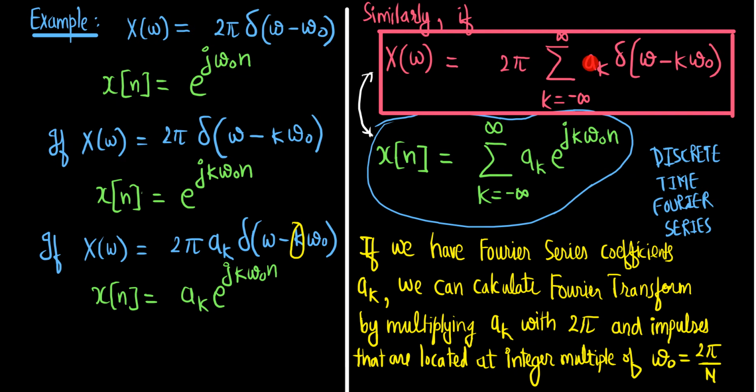We just need to take those a_k, scale them with a factor of 2 pi, and impulses that are located at integer multiples of this fundamental frequency, that is omega naught. And this fundamental frequency is 2 pi by N, that is the fundamental frequency of x of n, where N is the period by which this x of n repeats.